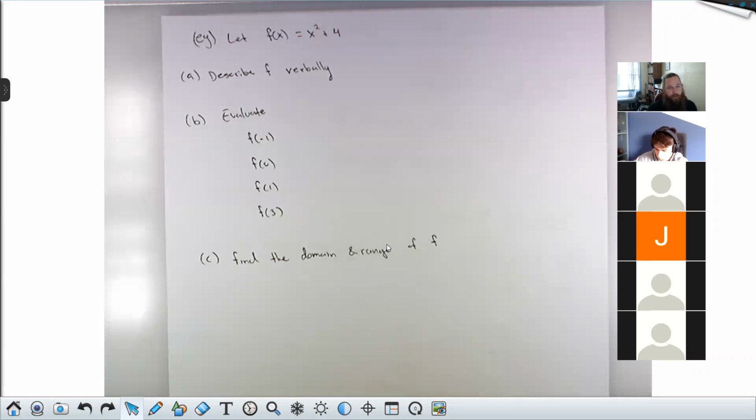Okay. If on a test I were to ask you to describe a function verbally, what that means is I want you to tell me in words what the function f does to each input x.